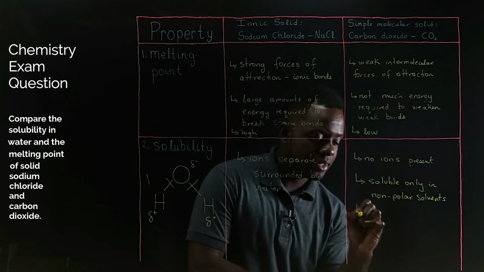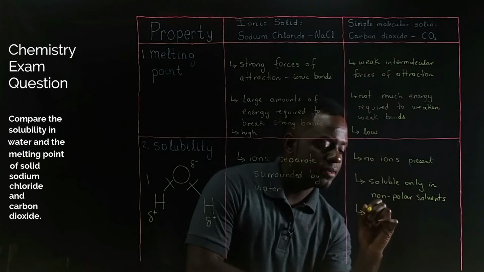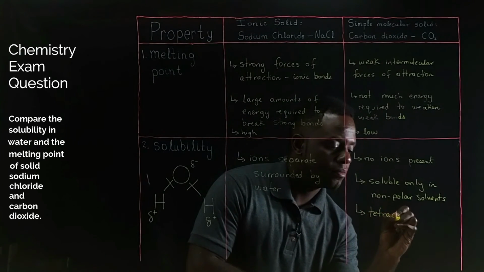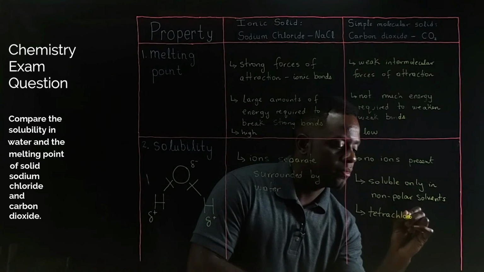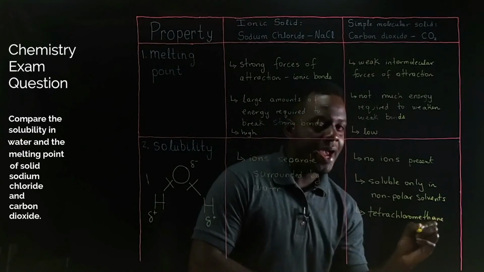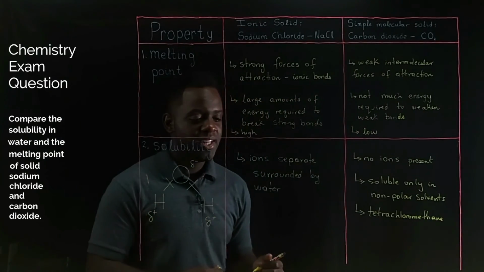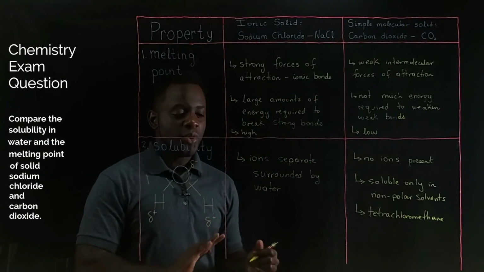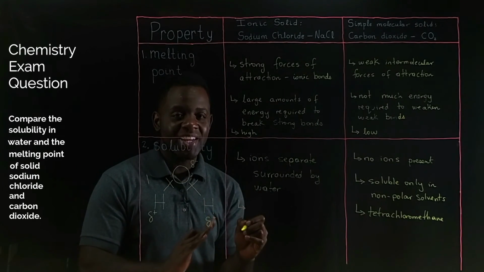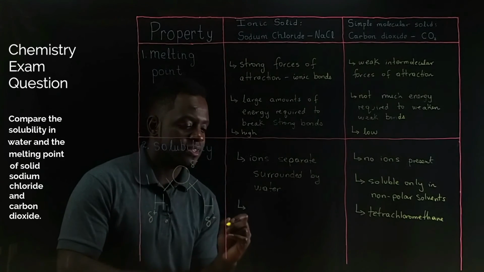One such example is tetrachloromethane. Another example is gasoline. Ionic solids, however, are soluble only in polar solvents.